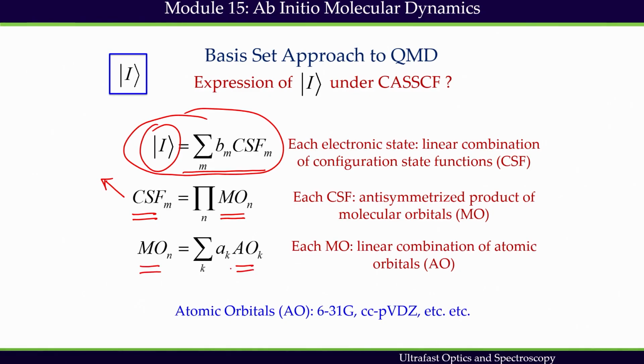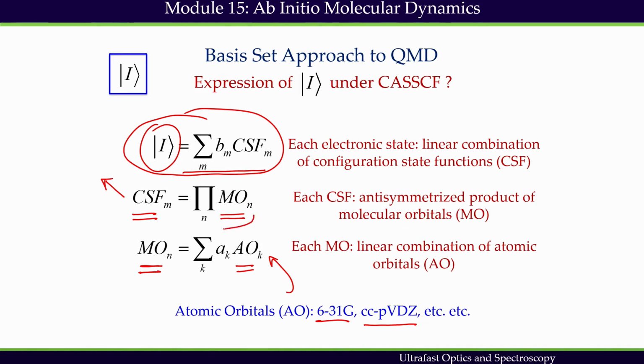In computational chemistry, atomic orbitals are represented by basis sets such as Pople's split valence double zeta basis set 6-31G, or Dunning's correlation consistent basis set like cc-pVDZ. There are many other basis sets available in computational chemistry. With the help of a basis set, one can express the molecular orbital.